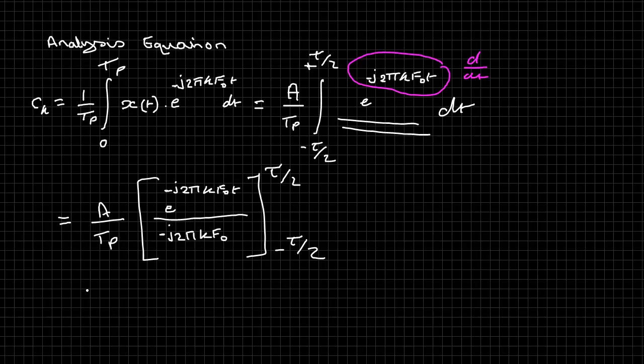Now before we go any further, and the mathematics are going to get heavy, let's say where we're trying to get to. We really are trying to convert this equation into a form where we have the sinc function. And the sinc function is based on the sine function.